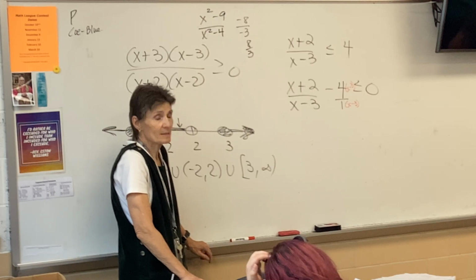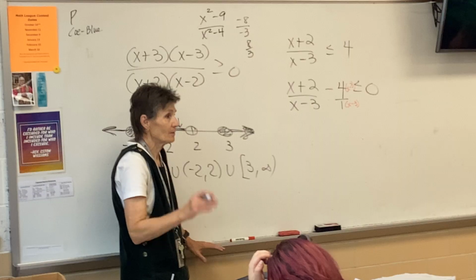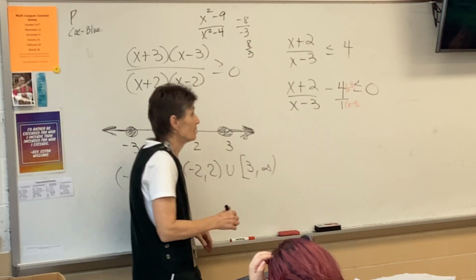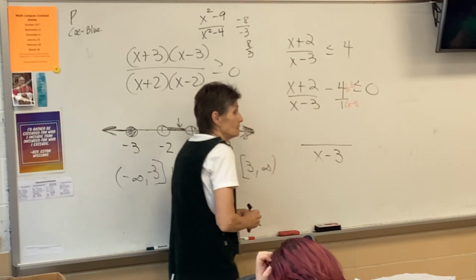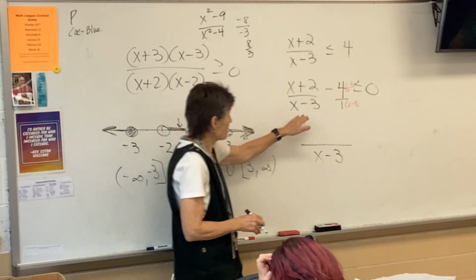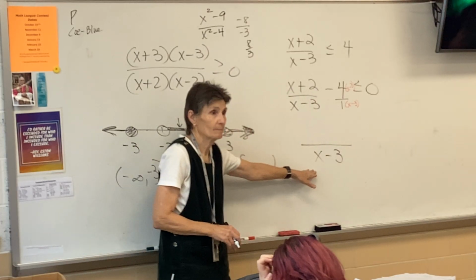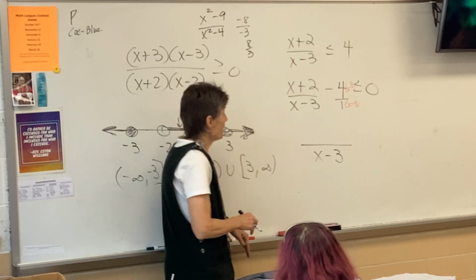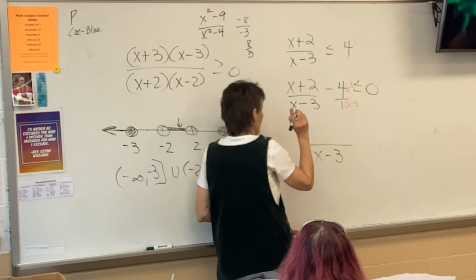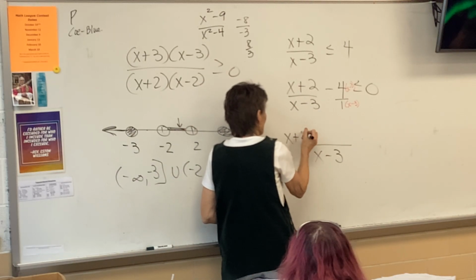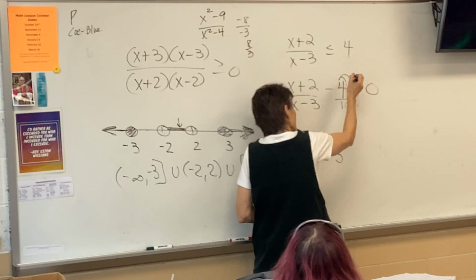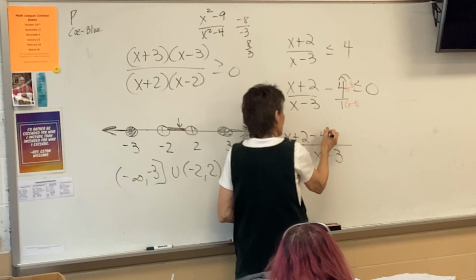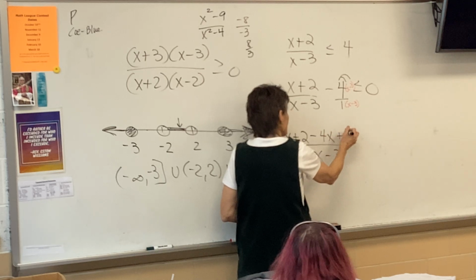This problem is big because it's got a lot of exceptions to it. I have to keep the denominator, okay? As soon as I make a match, I gotta keep it. And then on the top, be careful, I have x plus 2, do your distributive, minus 4x plus 12.